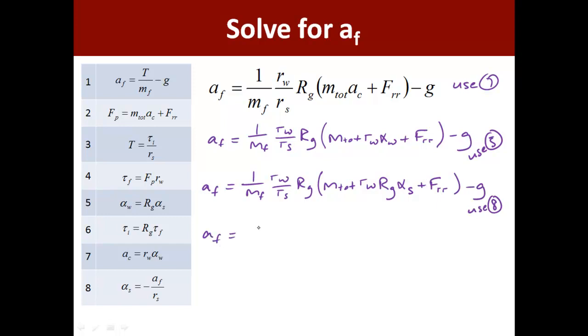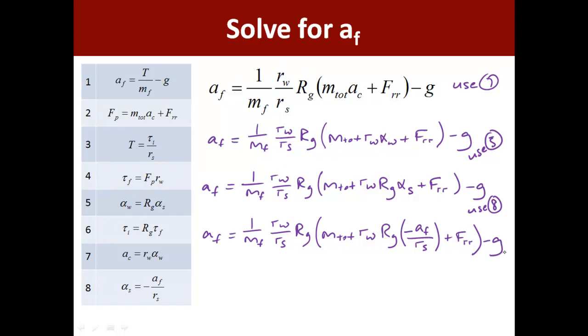AF is equal to 1 over MF, RW over RS, RG, M total, RW, capital R sub G, and alpha s is minus AF over RS plus FRR, parentheses, minus G. And now we know all of the things in this equation except for AF, and we have two AFs.